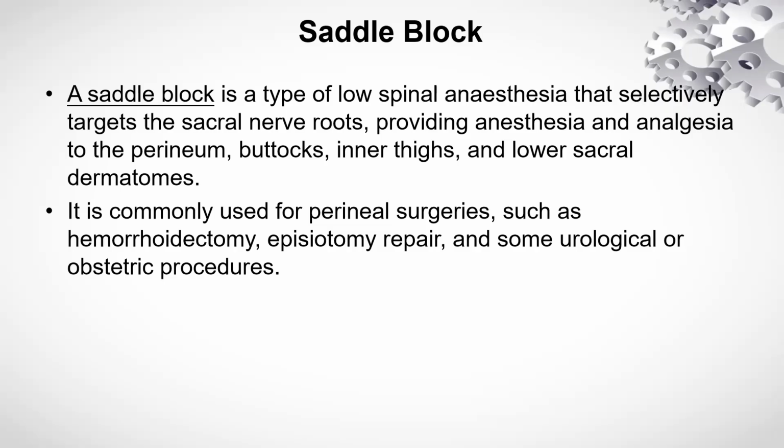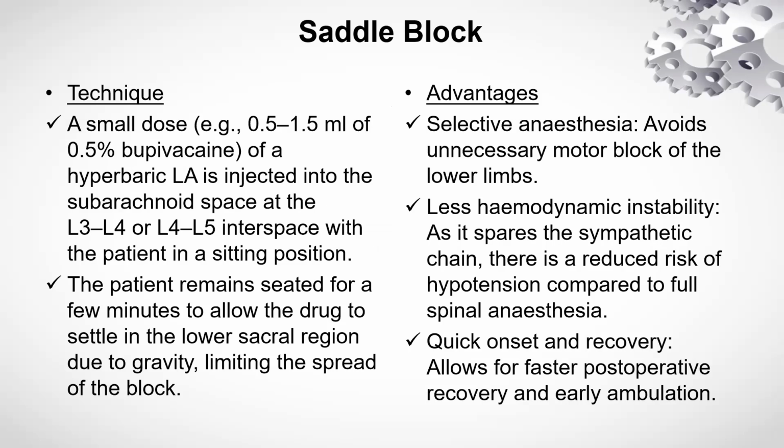You give a low dose spinal. Okay, let's go to the technique. You give a small dose, 0.5 to 1.5 ml of 0.5% bupivacaine injected at the appropriate intervertebral space, and then you ask the patient to remain seated for a few minutes, which allows the drug to settle down in the lower sacral region due to gravity.